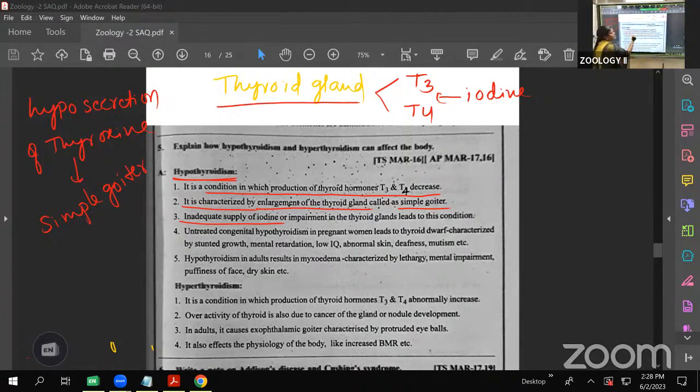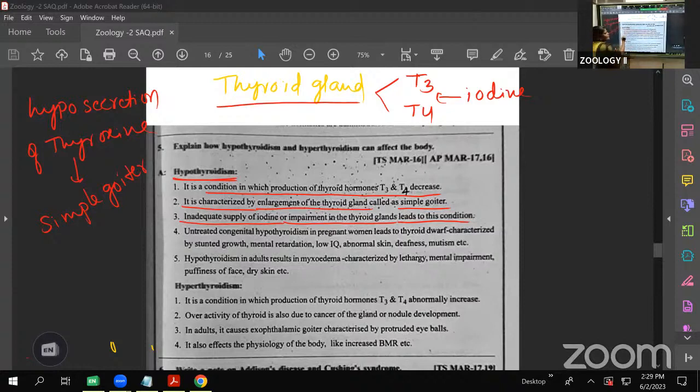Two reasons are there for hypothyroidism: either inadequate iodine intake, or impairment of the thyroid gland. Either of these leads to hypothyroidism.